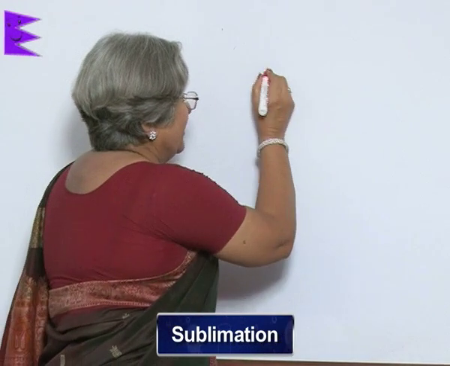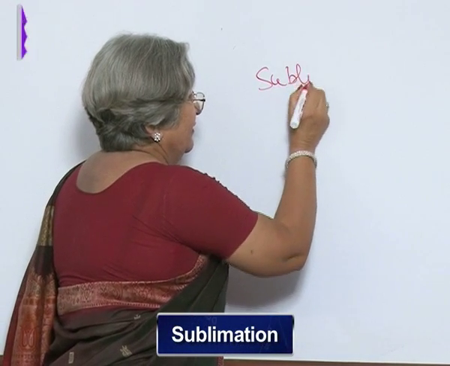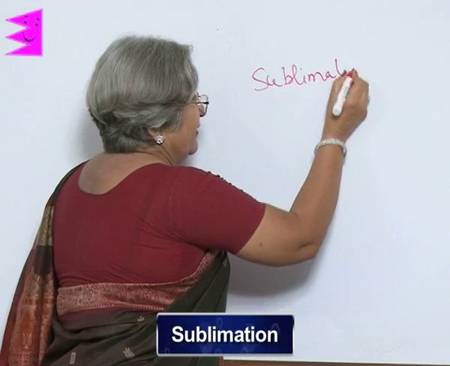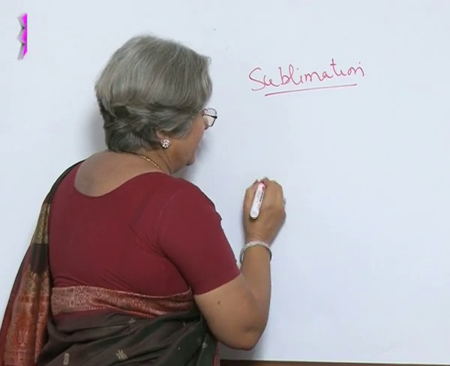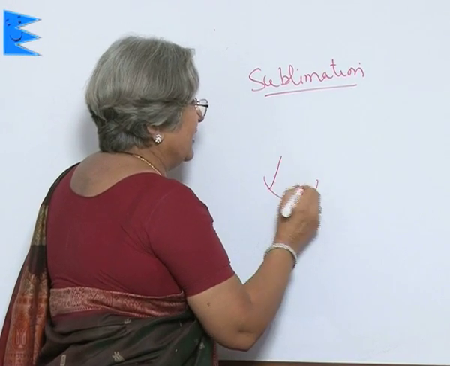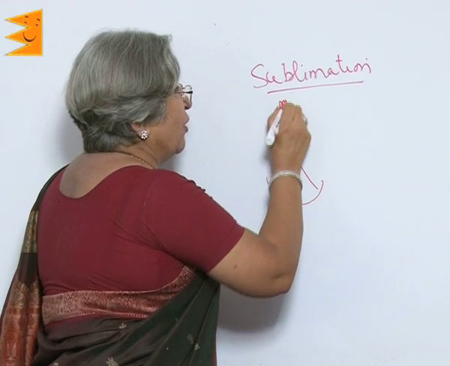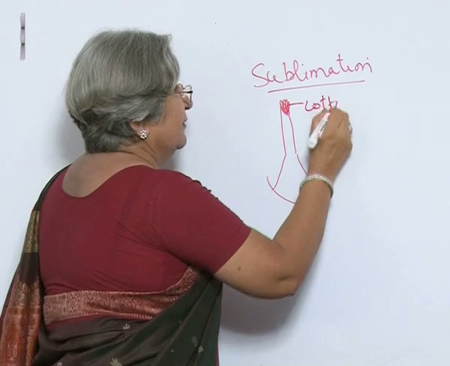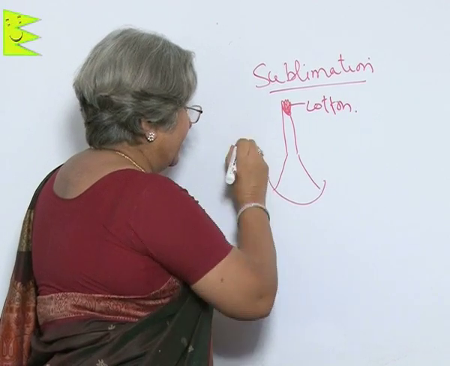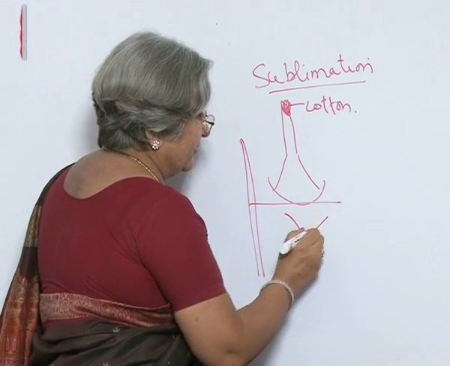For sublimation, you will take the mixture in a watch glass, cover it with a funnel, plug it with cotton, fix on a stand, heat.